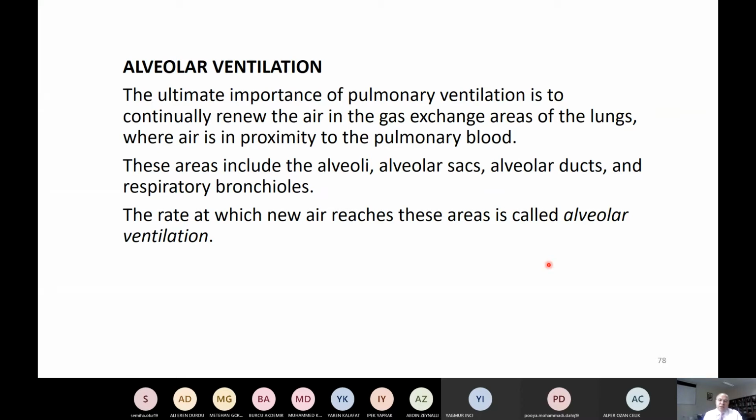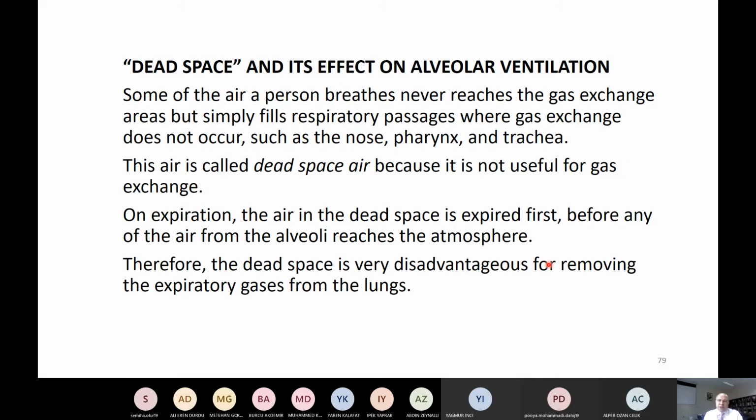150 milliliters of it cannot enter the gas exchange. So that's why we call that part of the tidal volume which cannot enter the gas exchange dead space. This section is named dead space.